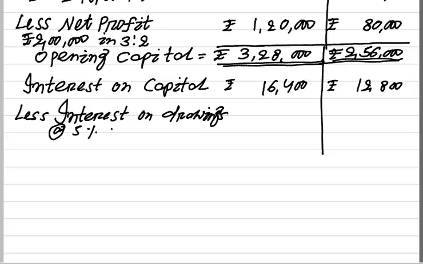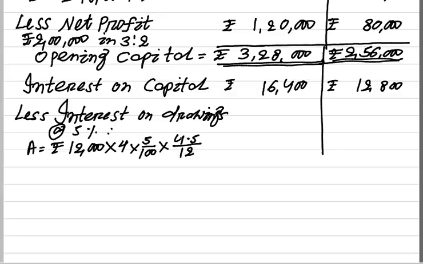For A, this will be calculated in this way. He is drawing rupees 12,000 per quarter, a year has 4 quarters, and the rate of interest is 5%, and the months for which interest will be calculated is 4.5 by 12.